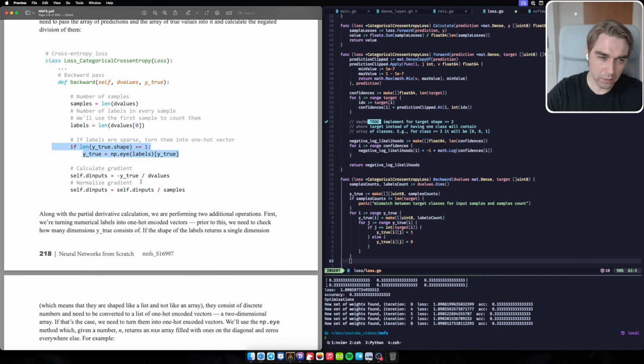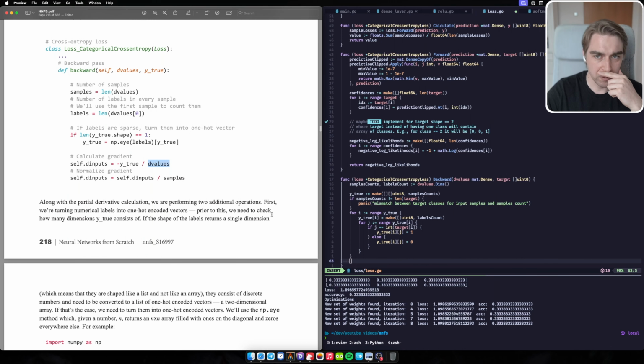Okay, then we've done with this one, then we should calculate the gradients. And how it works, we go through all of the values, so they have the same size, the same length, and then we divide all of the values, right?